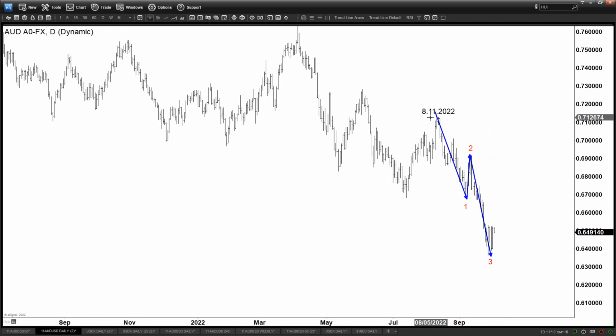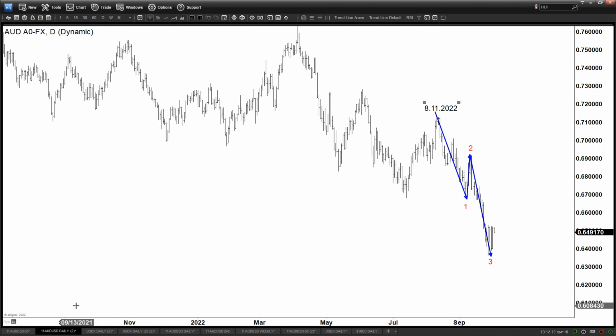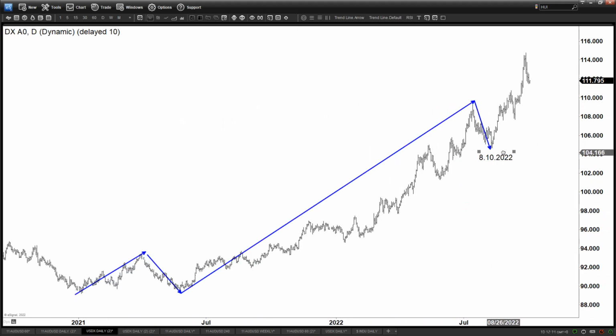That's obvious, because the dollar index is sort of the inverse of the Aussie US dollar. So if we look at the Aussie, this is the important pivot, and from here we got 3 swings down. If we compare this with the dollar index, here is the equivalent pivot for August 11. This is the important pivot, and from here we got only 3 swings up.